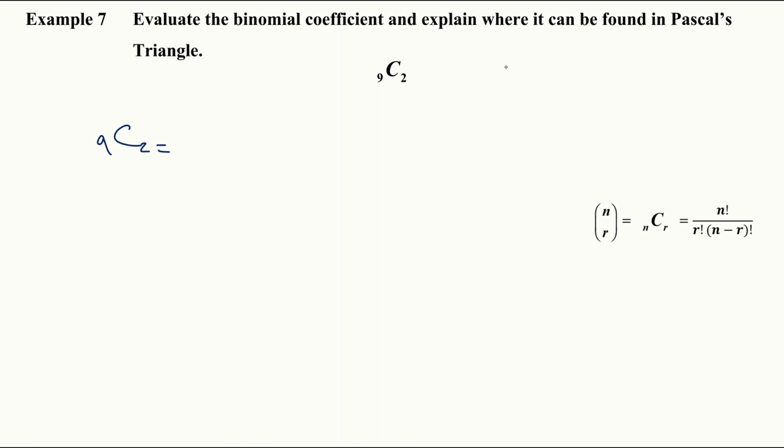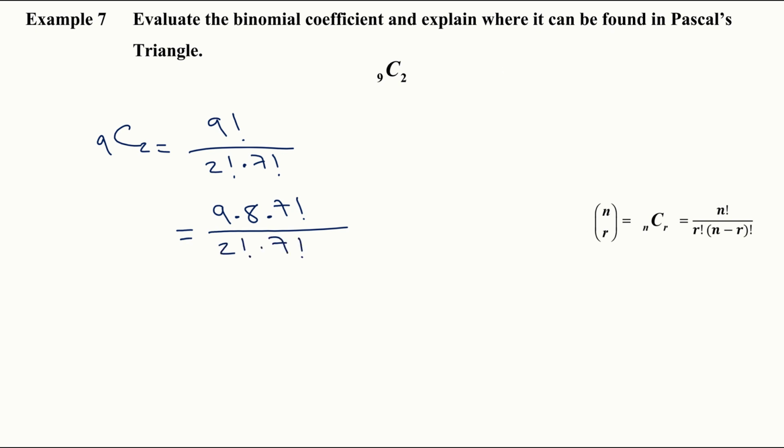All right, so 9 choose 2 is going to be 9 factorial over 2 factorial times 9 minus 2, which is 7 factorial. Now remember, that means I can say 9 times 8 times what comes after 8, 7 times 6 times 5, etc., which is just 7 factorial, right? Divided by 2 factorial times 7 factorial.